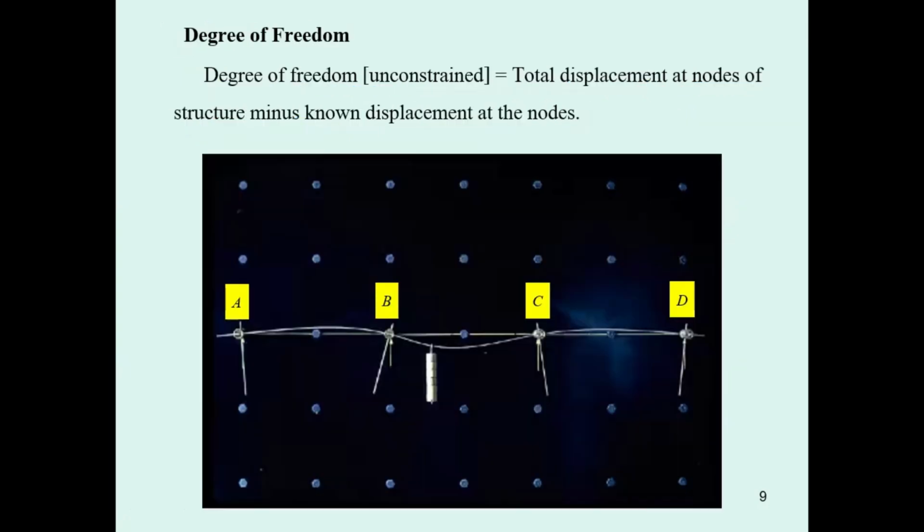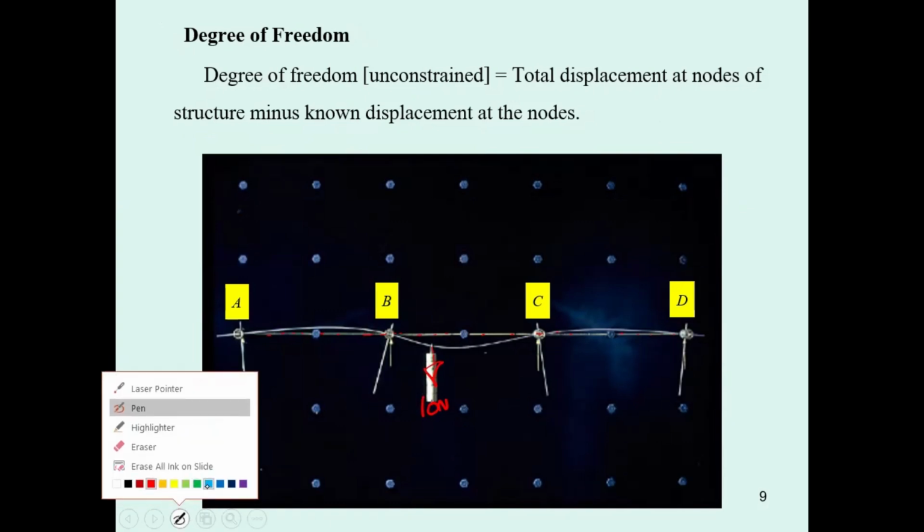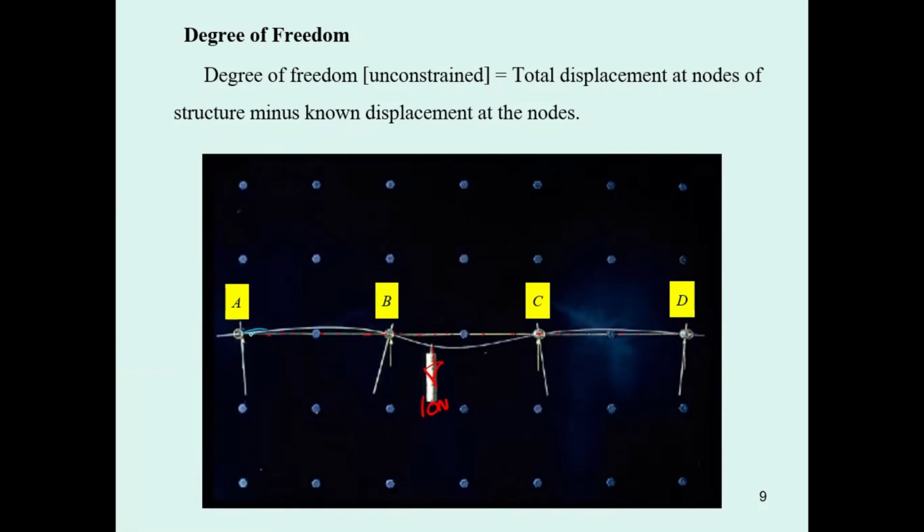Now, let me take you to this one. A steel rod links from pin at A to pin at B and to pin at C, and then you put a weight, let's say 10 Newton. The steel rod changes its shape and bends, and you may sketch the elastic curve of this steel rod.